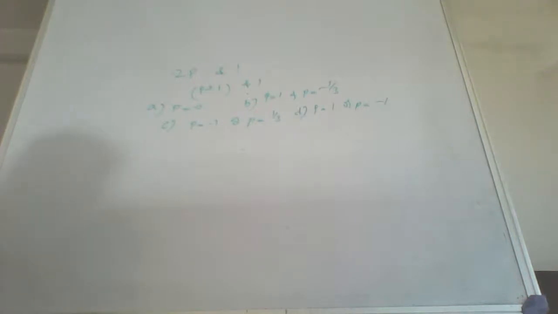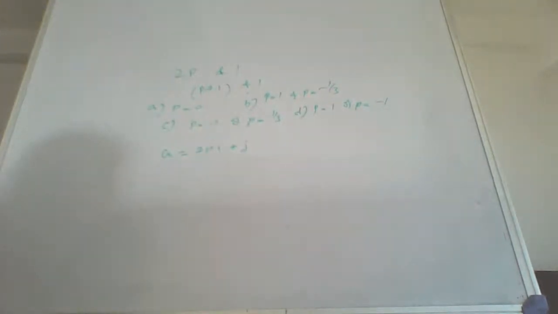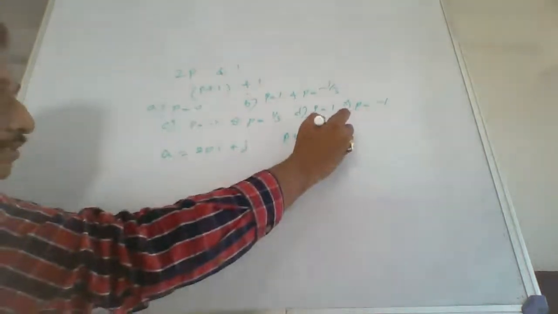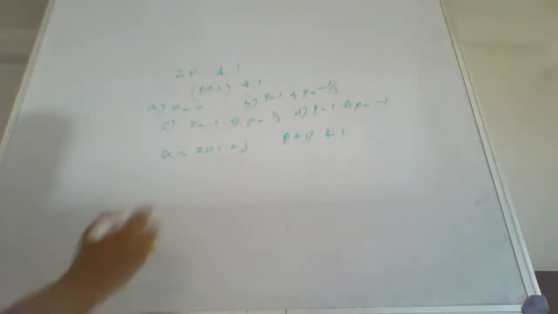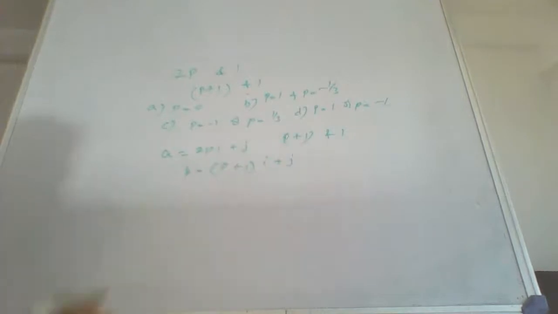Let us try to solve this now. We have A equal to 2P i plus j. On the rotation, let B be the vector with components P plus 1 and 1, so that we can write B as P plus 1 into i plus j.